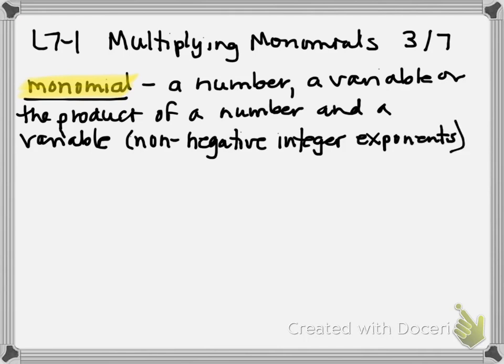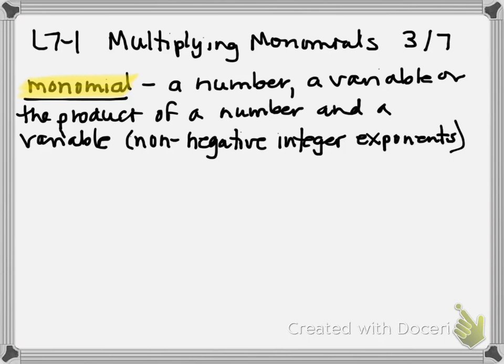So if we have a monomial that has negative exponents, we can't call it a monomial. If we have a monomial, looks like a monomial, and it has fraction exponents, we can't call it a monomial. Okay?